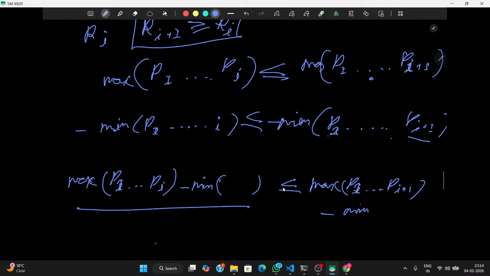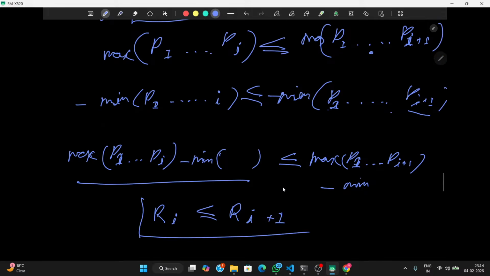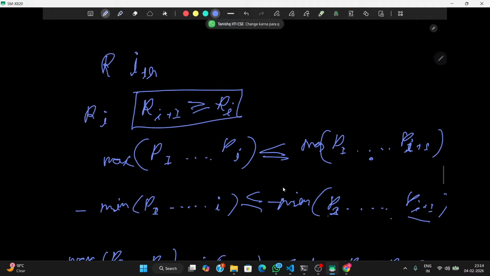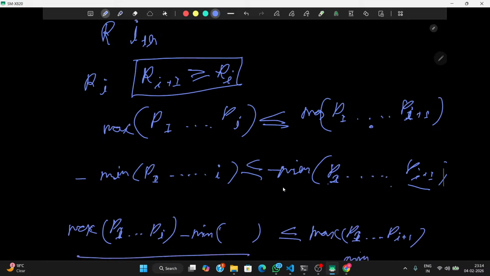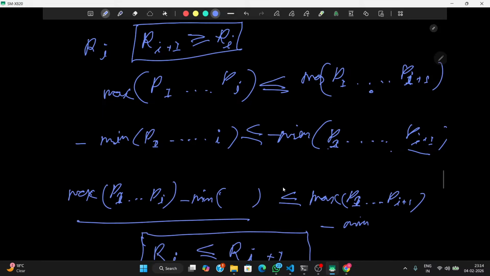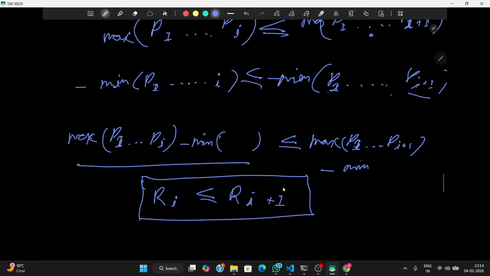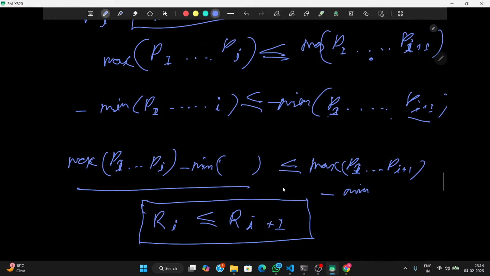So what is this? This is simply Ri is less than or equal to R of I plus 1. Right. Now, this is a very important relation that we came up with. Ri is always less than or equal to R of I plus 1.